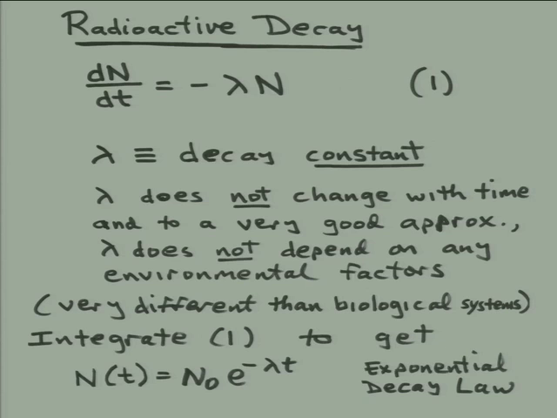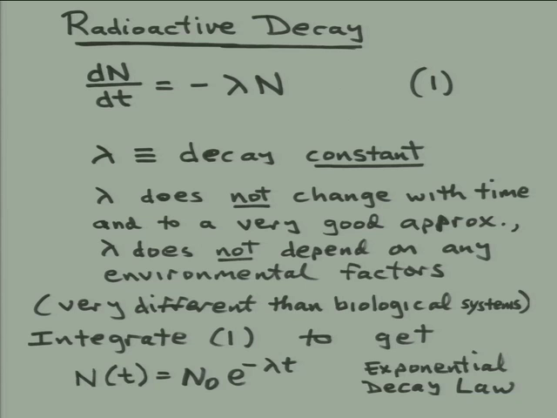What we began the discussion of on Friday was this idea of radioactive decay and how we can quantify the number of radioactive nuclei present as a function of time, and what the implications of that are. We started with the idea that the radioactive decay of isotopes is a unique feature of each isotope in terms of how long it will live before it decays and the manner in which it decays, namely whether it undergoes alpha or beta or gamma decay or some other kind of radioactive decay.